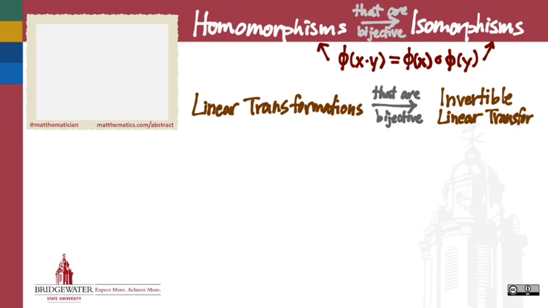So those matrices that have an inverse matrix that we can compute represent invertible linear transformations. So the same role that isomorphisms are playing for us in abstract algebra, invertible linear transformations play for us in linear algebra. They're just functions that respect the operation, the structure of the spaces on which they're acting.